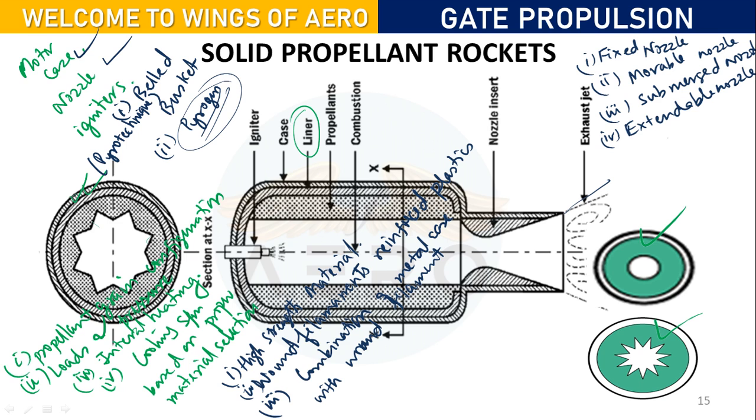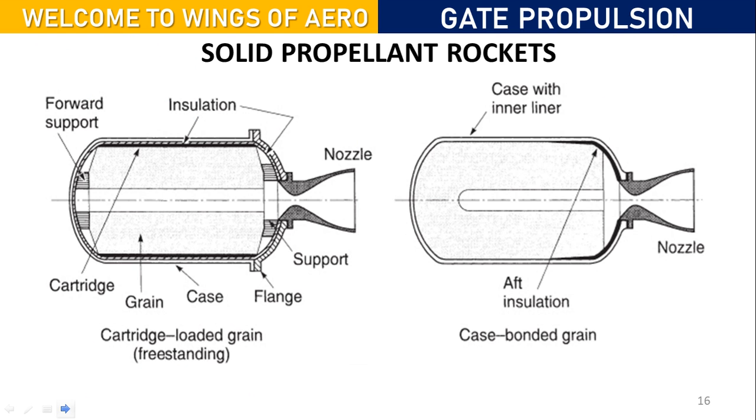First, the operation processes are different. Second difference is where it will be suitable, which kind of pyrotechnic or pyrogen will be suitable. Okay, because there are also different types of casings. One is a cartridge loaded grain, another is a case bonded grain. So based on this particular type, the ignition or the igniters will be different.